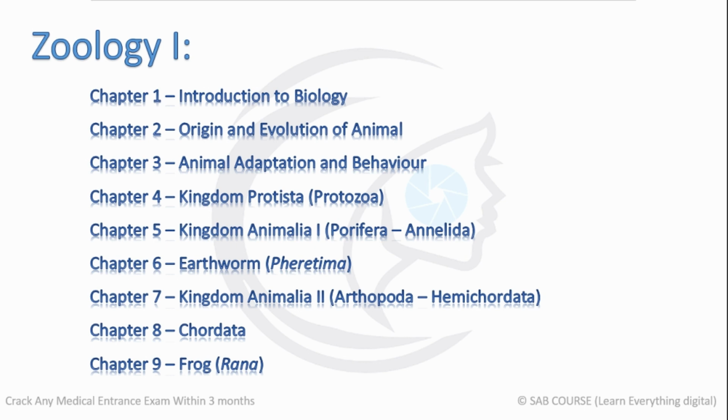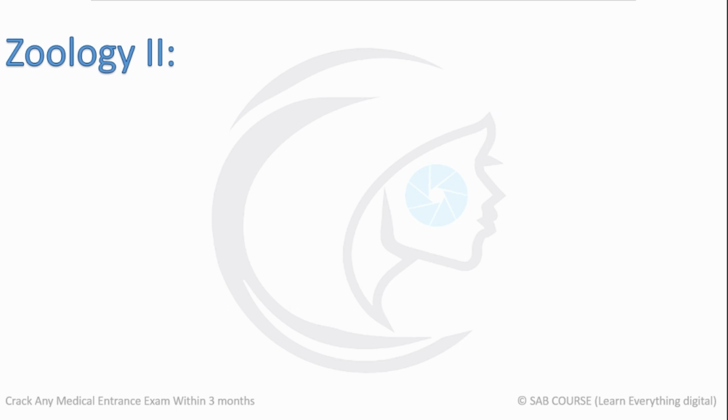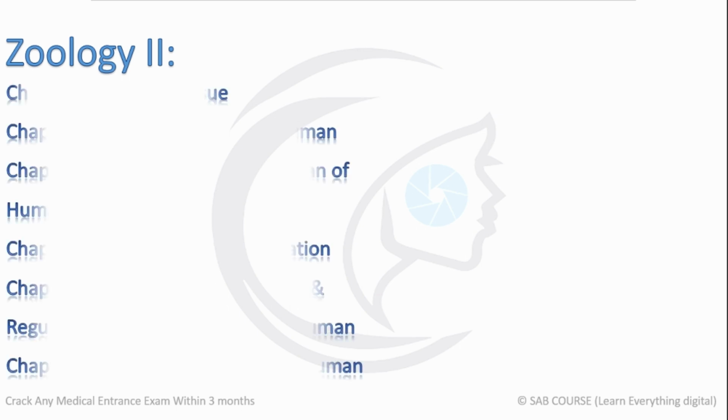And the kingdom Animalia second is from Arthropoda to phylum Hemichordata, and we'll learn about Chordata, and in detail about the frog, that is Rana tigrina, and amphibians.